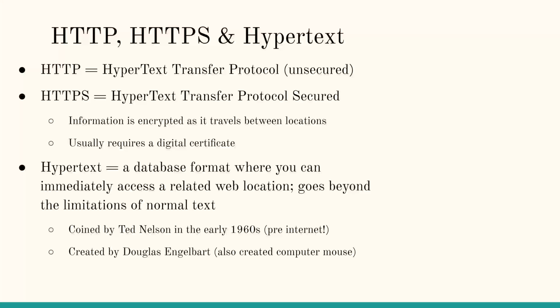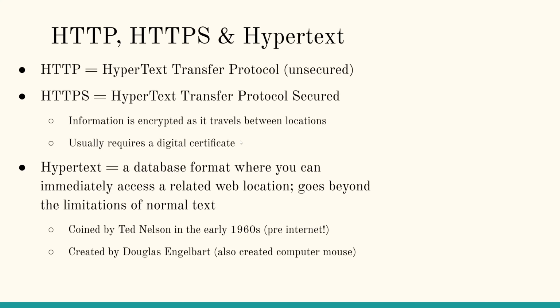Now, HTTP and HTTPS refer to hypertext transfer protocols. The difference is the first one, HTTP, refers to an unsecured version, so where the text is sent unencrypted, and the S version, HTTPS, refers to a secured one where information is encrypted as it travels between your computer and whatever location you're accessing.